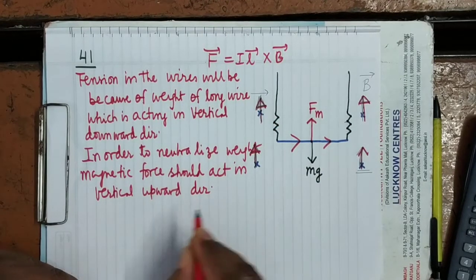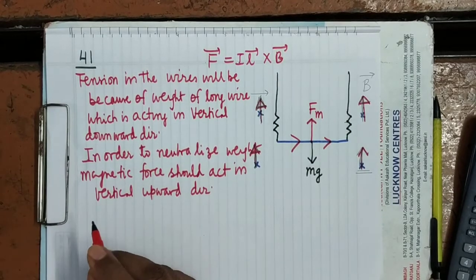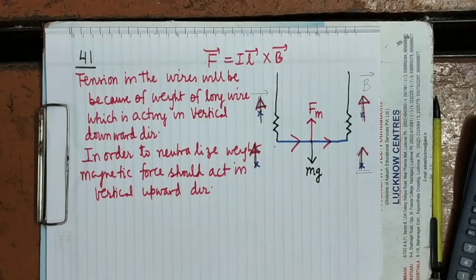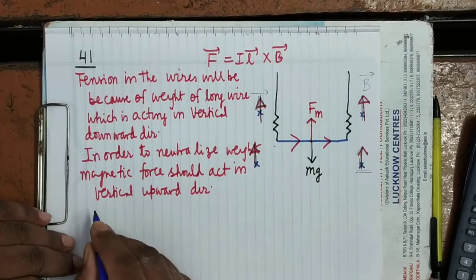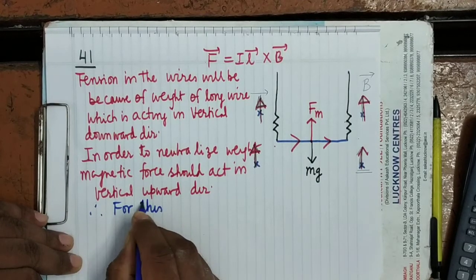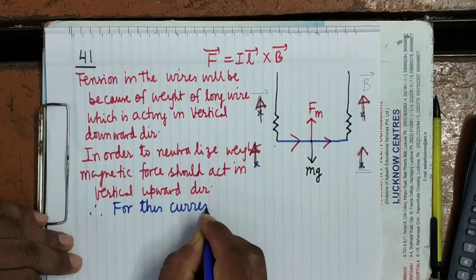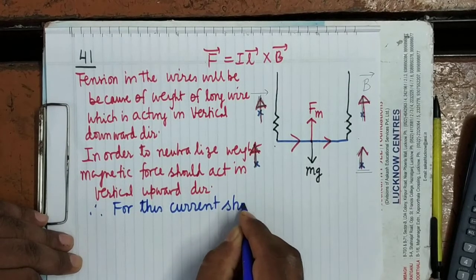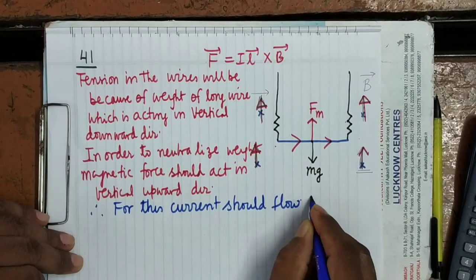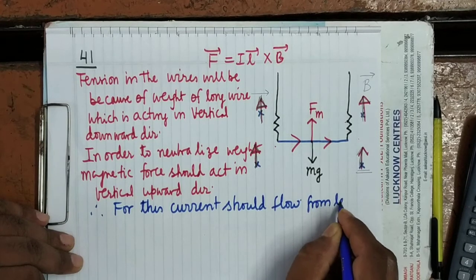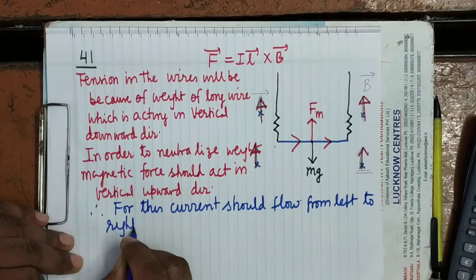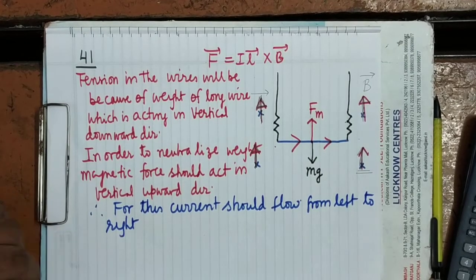Therefore, for this, current should flow from this side to this side, means from left to right. Now you write down here.